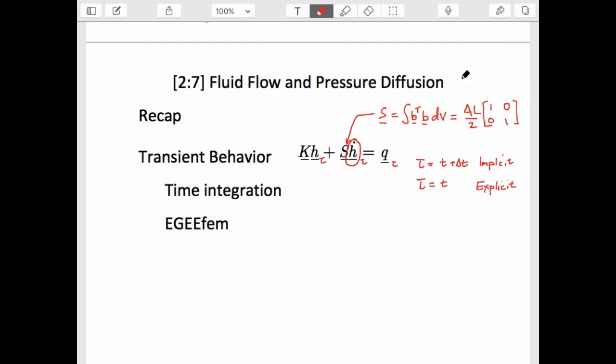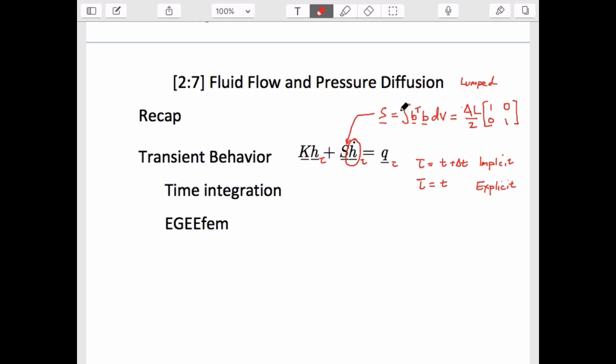If we looked at what we referred to as lumped behavior, where we added all the terms in one column and put it on the leading diagonal, then instead of this being a third, a sixth, a third, these would add together so that they would equal a half.